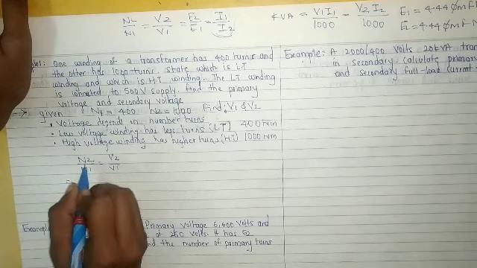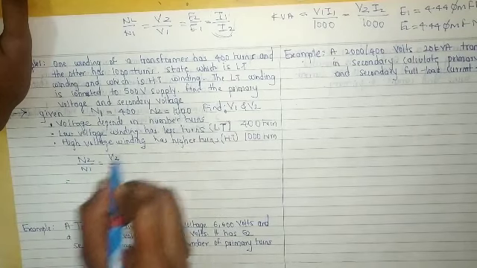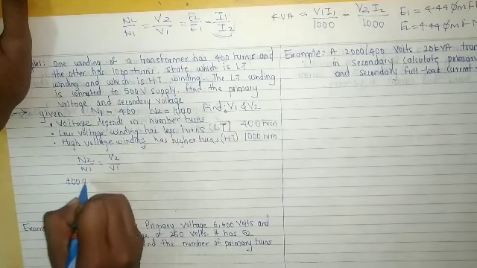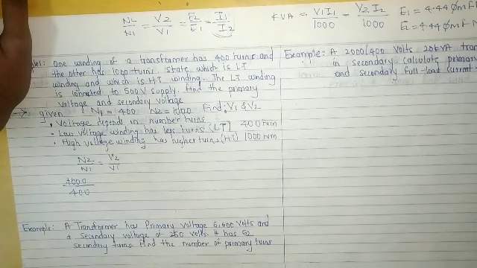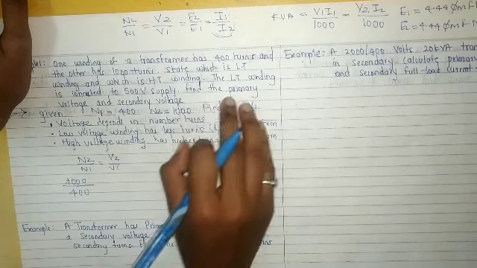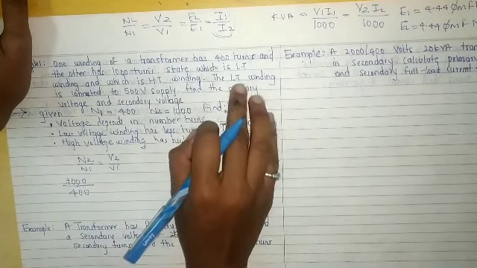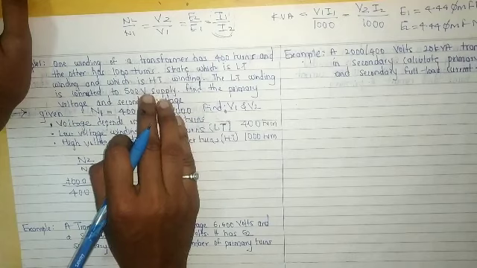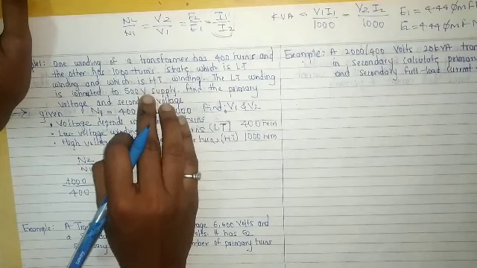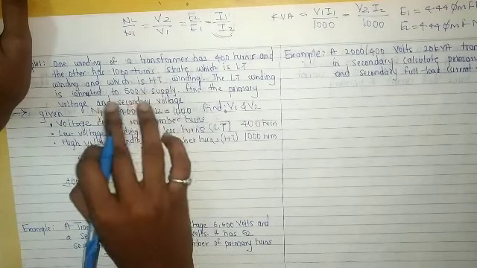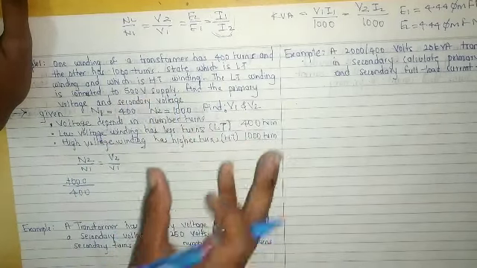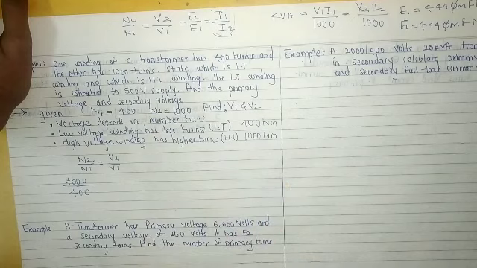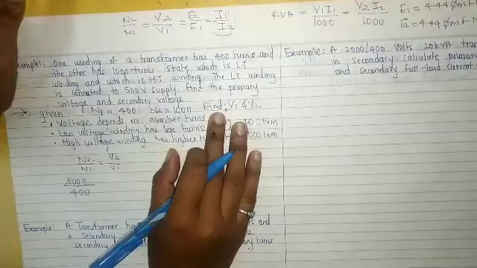So we'll substitute the values. What is the value of N2? That is 1000 divided by N1, that is 400. Right. Now they have also given the LT winding is connected to 500 volts supply. As we have discussed, which winding is called the primary winding? The winding which is connected to supply is called the primary winding. So here, which is the LT winding?